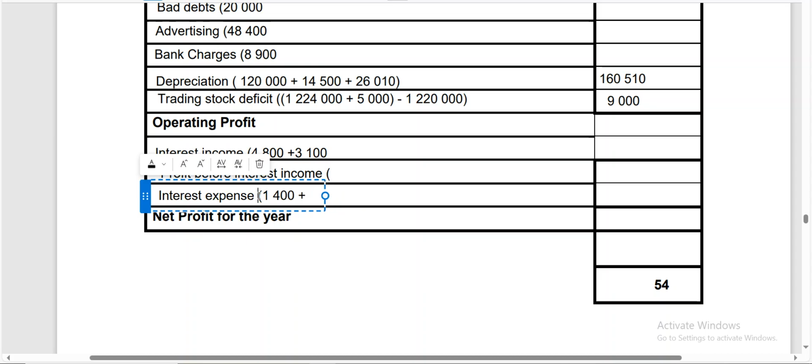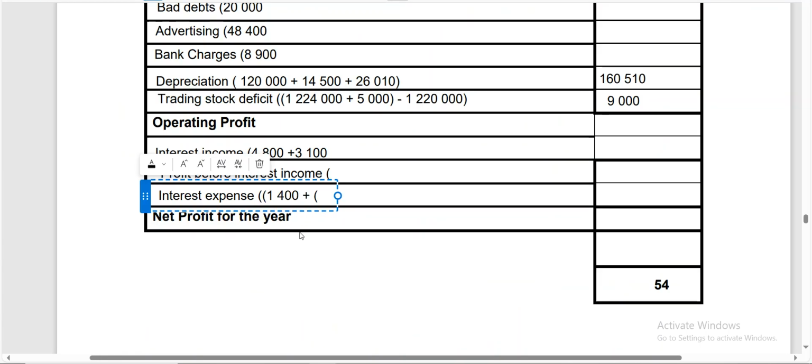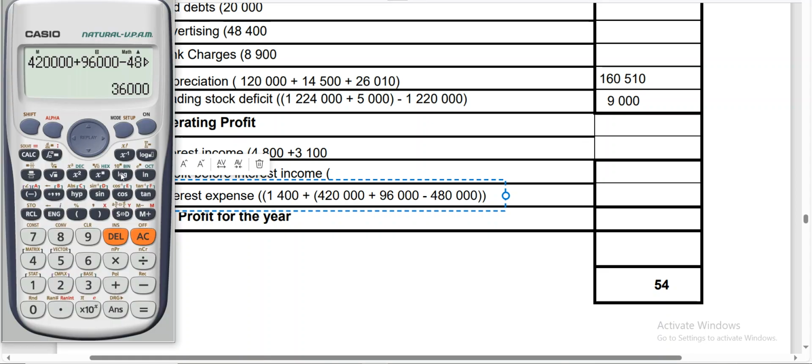Once I say plus, whatever I'm working out, I'm going to put in brackets.